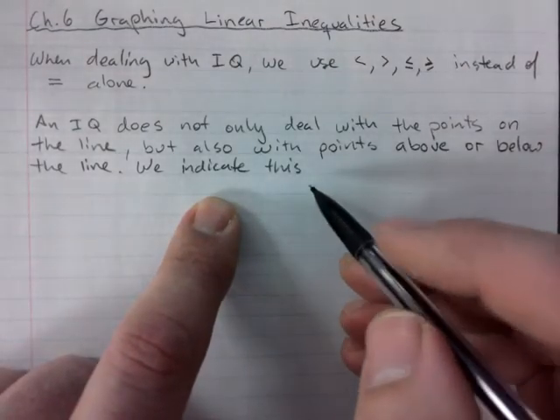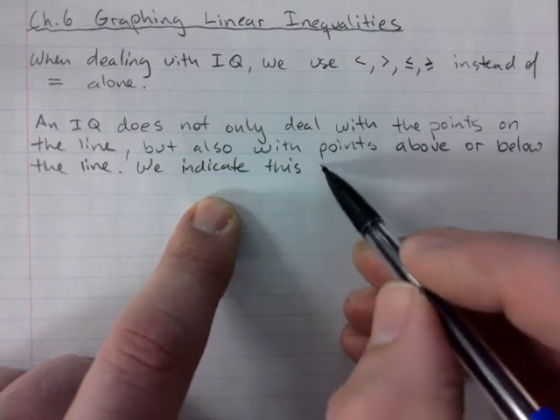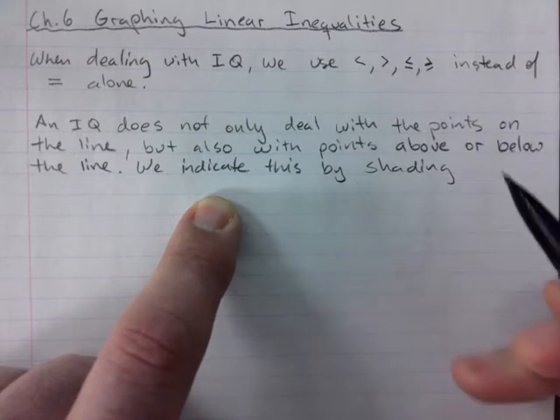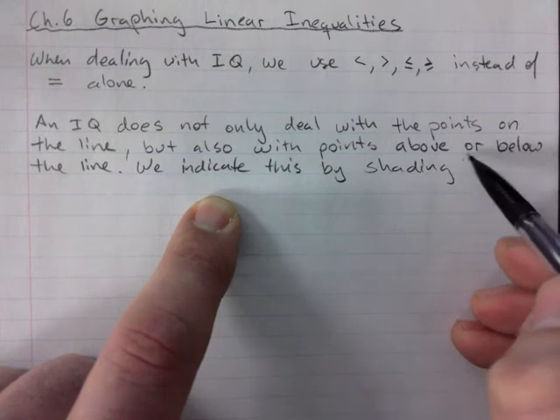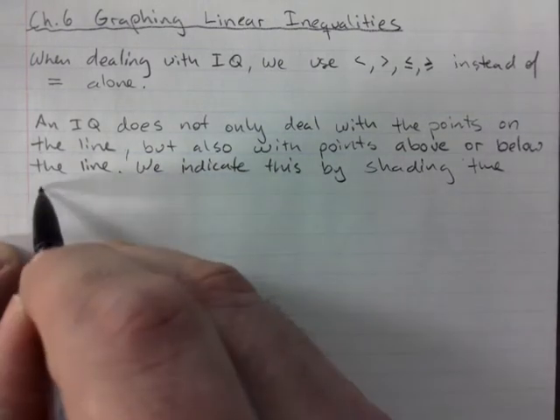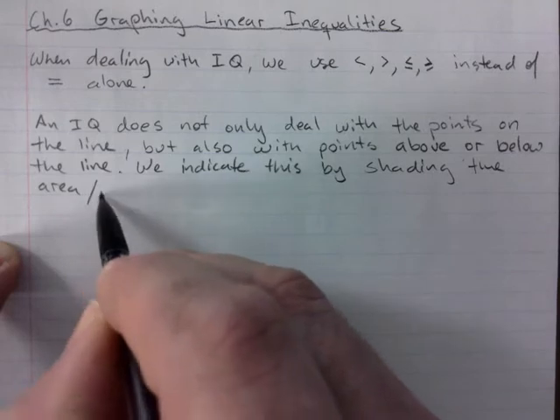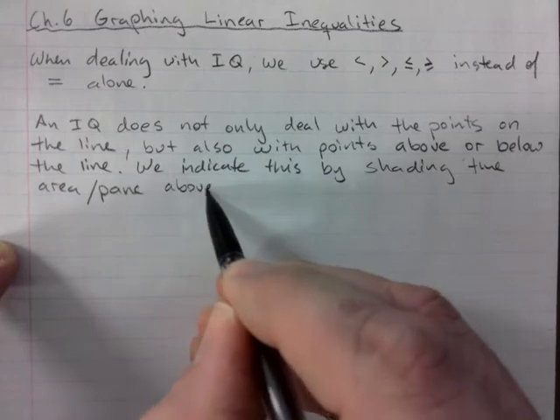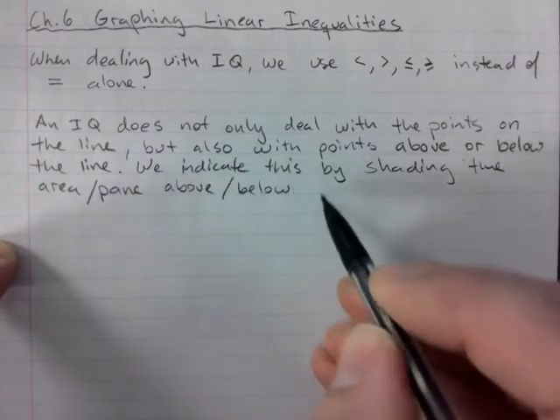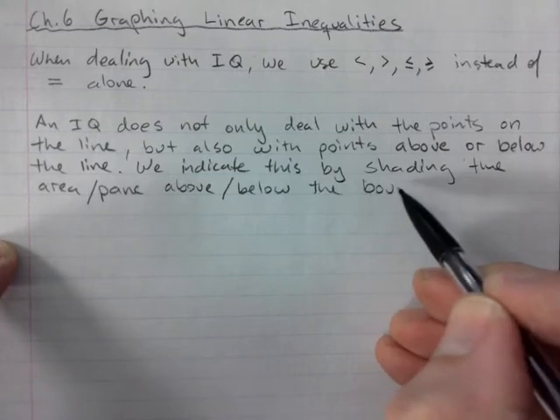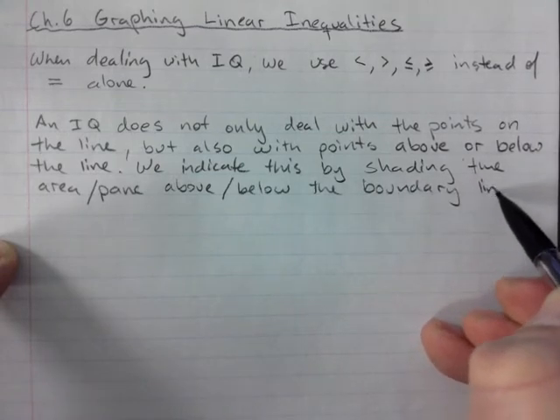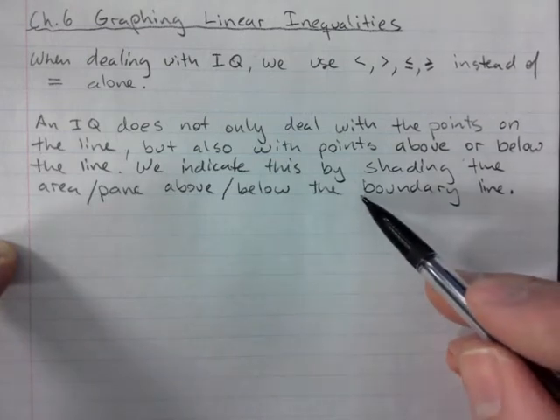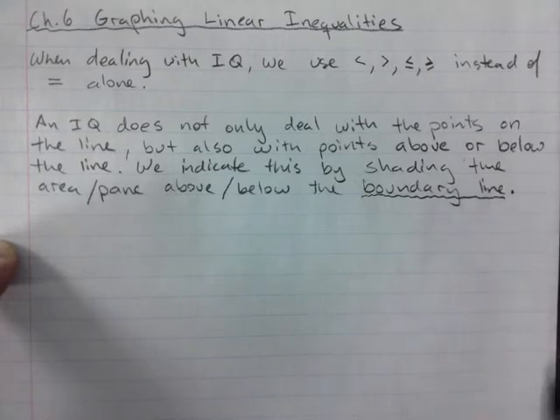We indicate this, just get everything ready, by shading the area or pane above or below the boundary line. That's also an important term, the boundary line, so we're going to underline that.